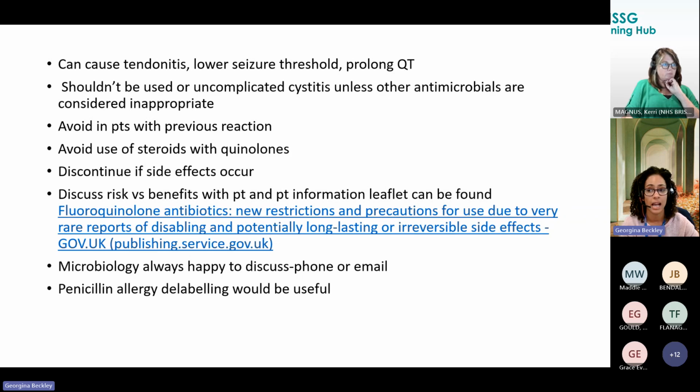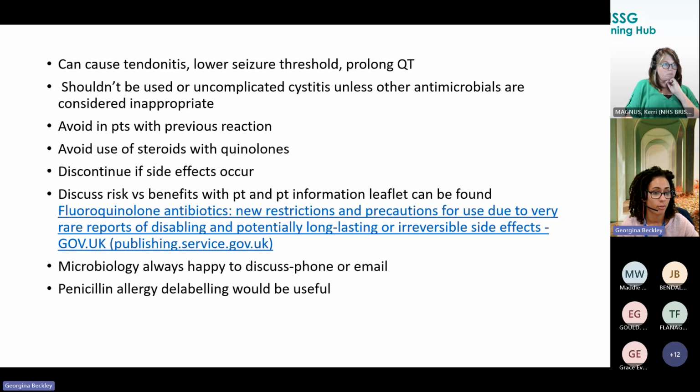They can lower seizure threshold, so a lot of caution in patients with epilepsy. They can also prolong the QT interval, so for patients on lots of QT prolonging drugs, there should be caution with that as well.